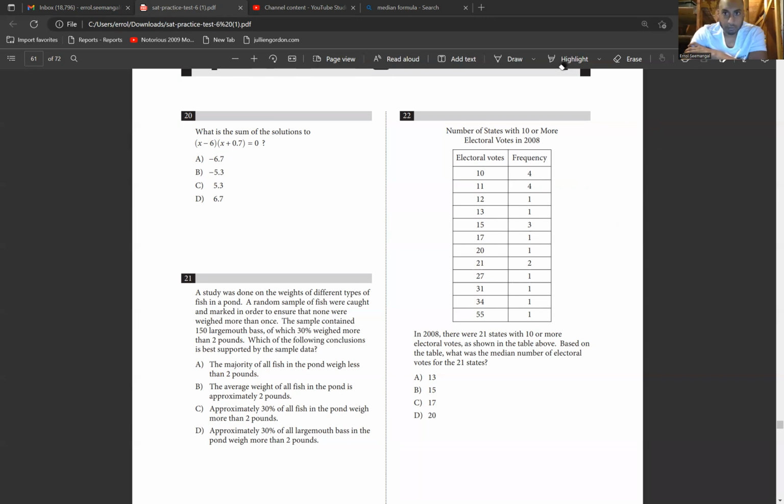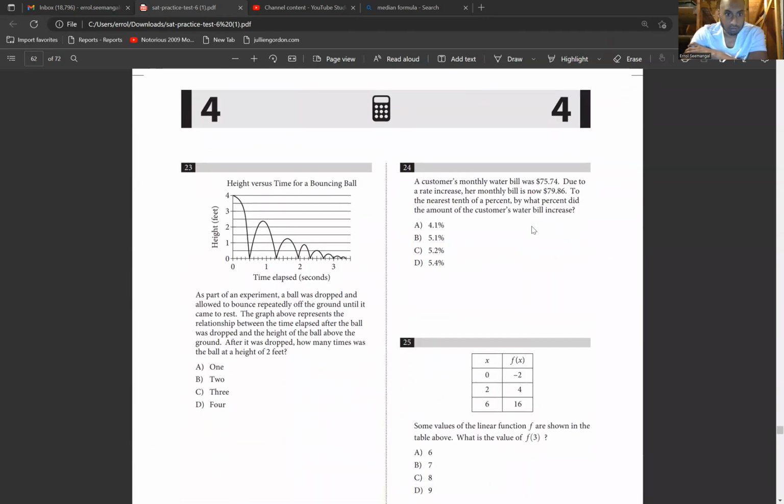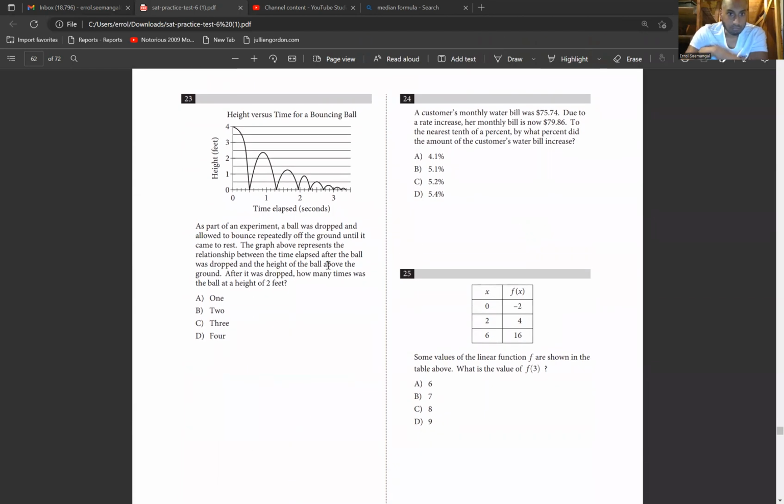All right, let's try one more. 23. Height versus time, bouncing ball. As part of the experiment, a ball was dropped and allowed to bounce repeatedly off the ground until it came to rest. The graph shows the relationship between time elapsed after the ball was dropped and the height of the ball above the ground. After it was dropped, how many times was the ball at a height of 2?